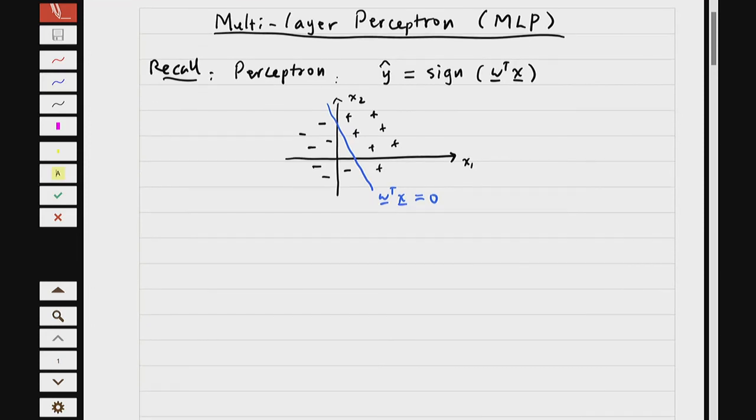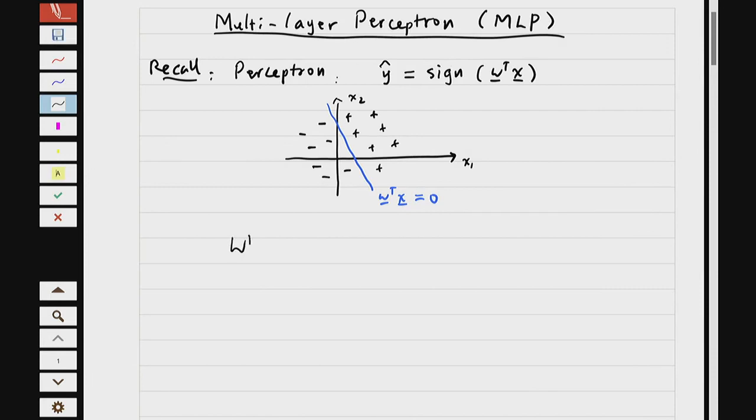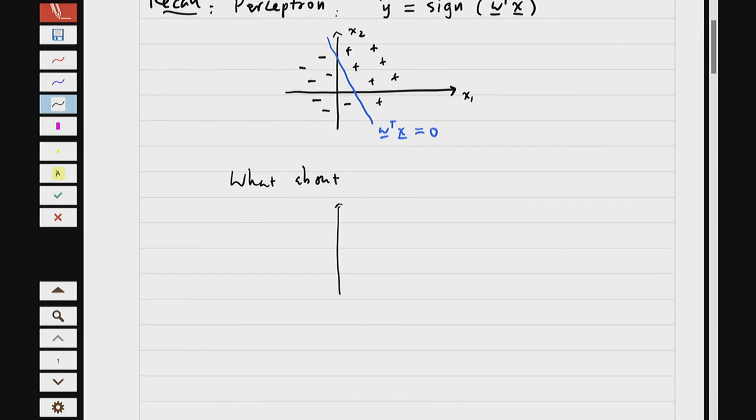Now we know there's a problem with the perceptron that we discussed already, which is that it has to be a linear boundary, right? But what if we have data points that are not linearly separable? For example, x1, x2, like that.